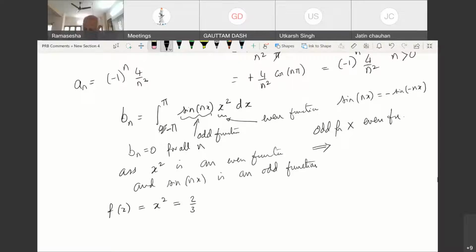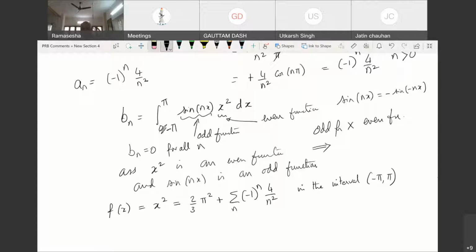So the series is 2/3 pi squared plus minus sigma over n, and cosine nx is even.